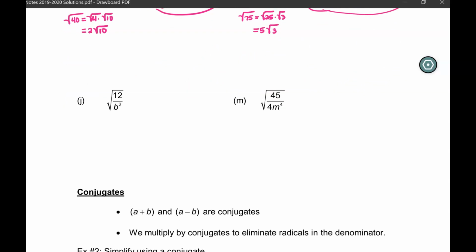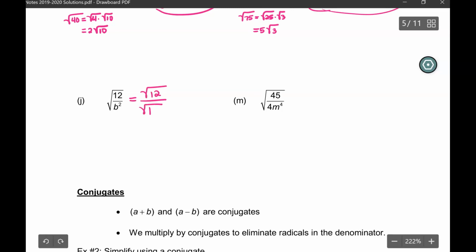Okay, 2 more of these. So first thing I want to do, I'm going to divide this up into numerator and denominator. And the numerator, square root of 12, so I can break that up into 4 times 3. And so the square root of 4 is 2 times the square root of 3. Square root of b squared, so that's going to be b to the first.